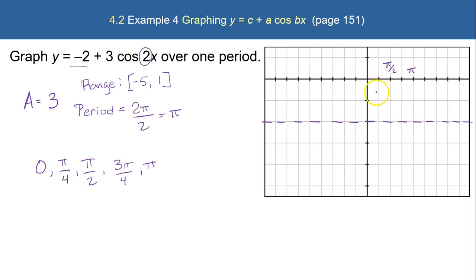Let's start with 0 actually. When we plug that 0 into our cosine function, we get the value 1. Let's go ahead and plot that up here. And then for pi over 4, we'll get -2.